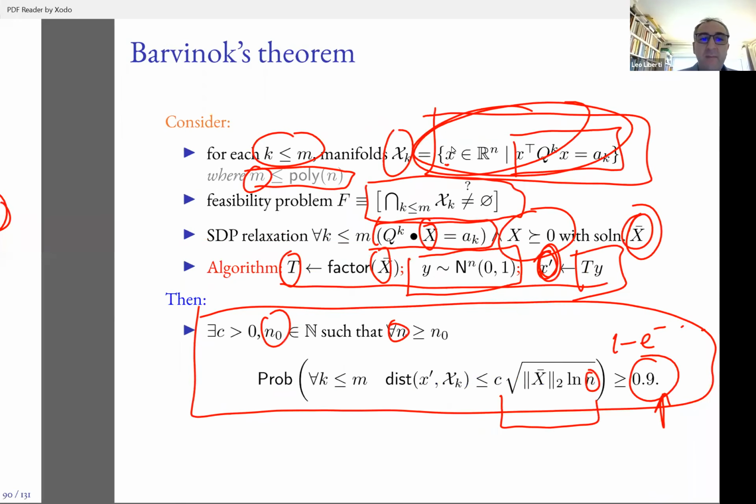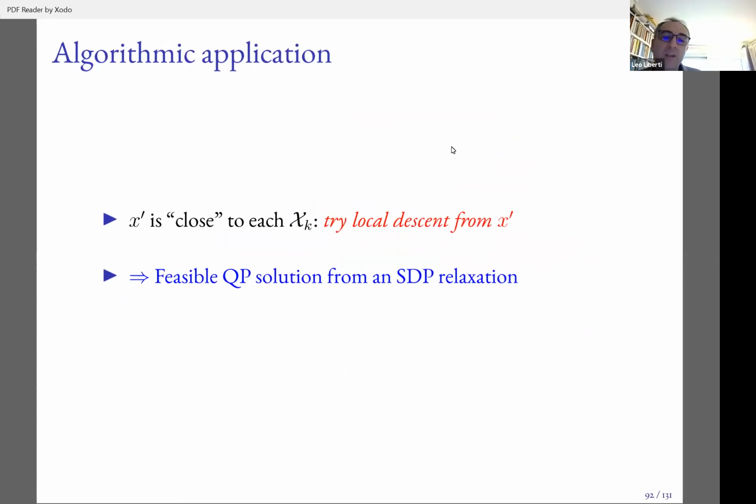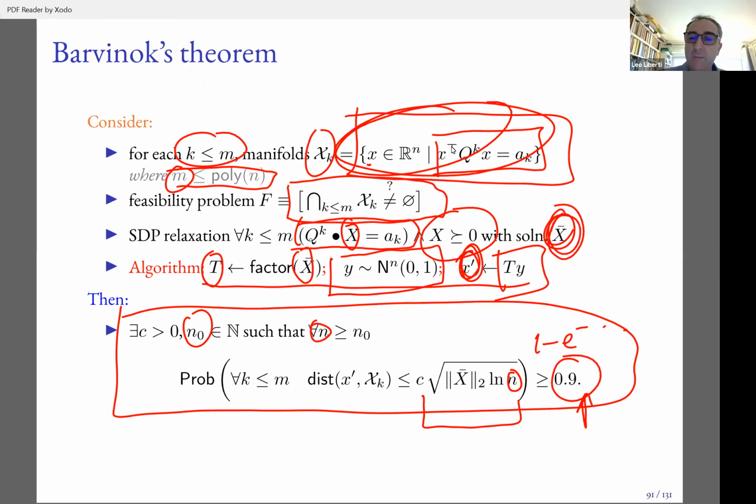Okay. So what is the algorithmic application of finding an X prime, which is in a lower dimensional space? So remember that this X bar was n times n, and X prime is now a vector in R^n, okay?